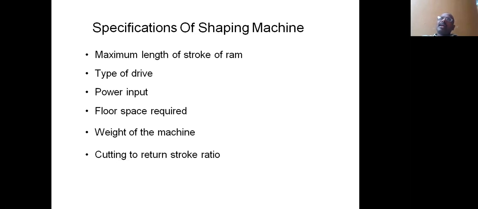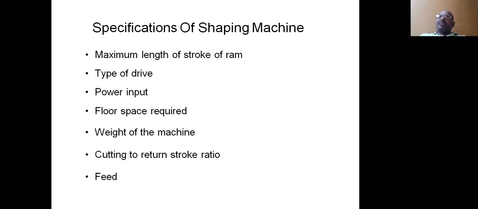If the tool or ram moves with high speed during the cutting stroke, it may cause the cutting tool to break. That is the reason during the cutting stroke it should move with slow velocity, and during the return stroke with high velocity. So in this specification, what is the ratio of the cutting stroke to the return stroke?